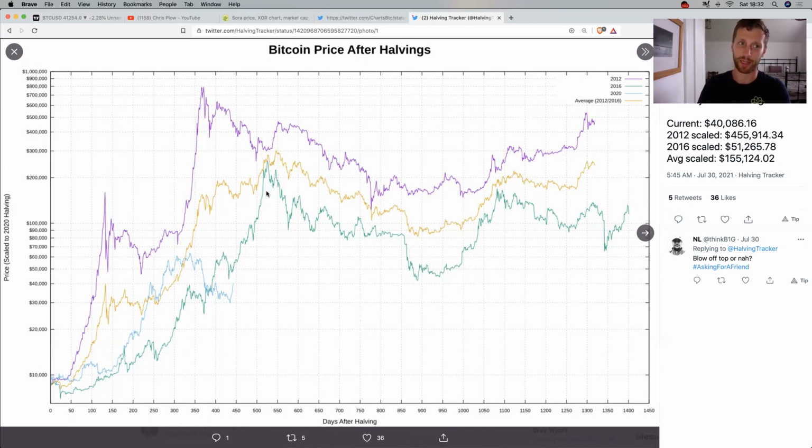If something else plays out, it's good that we're mentally prepared. But if we don't see that parabolic blow off top, I would caution against taking some profits off the table. If we just head up gradually, almost forever, and start going past 100,000, 200,000, 300,000 over a number of years, to me that just indicates that Bitcoin is maturing, the halving cycle is broken, and it is just going to keep going up forever, which is programmed.